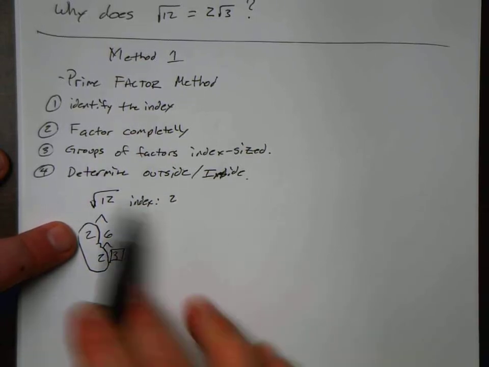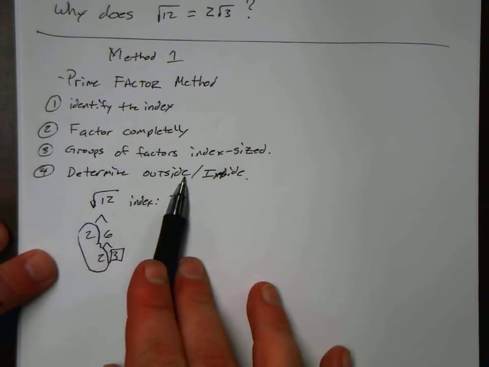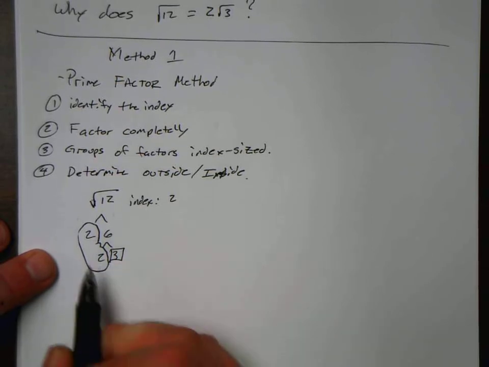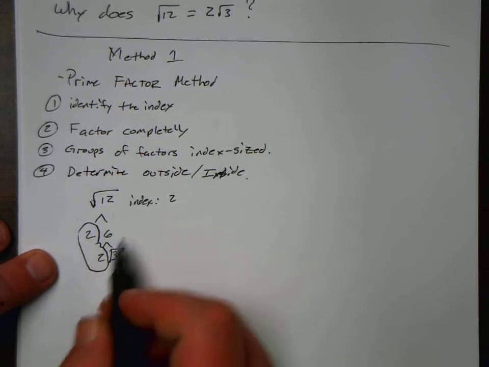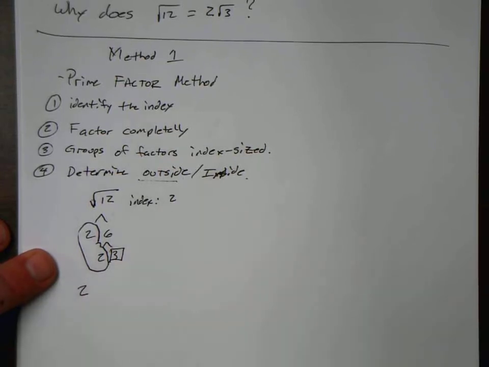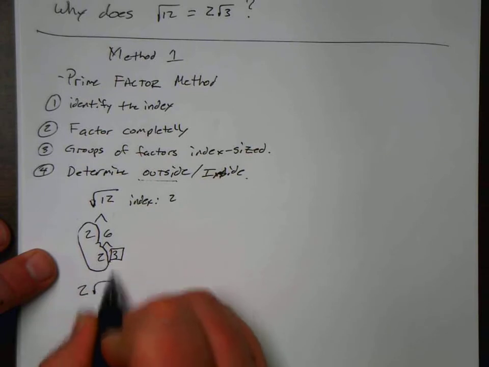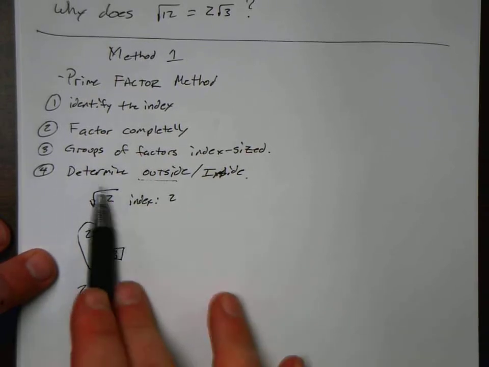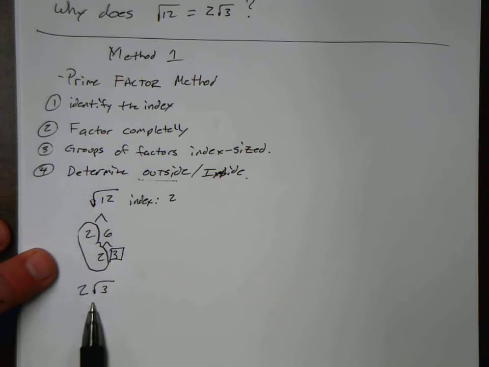That helps me determine what's on the outside and what's going on the inside. Whenever I circle a group, it can only come out one time. So these 2 2s come out one time. I have a 2 out front, on the outside, and a 3 left underneath, on the inside. So the square root of 12 is really 2 square roots of 3.